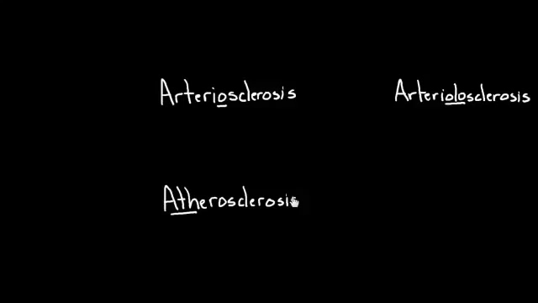So let's start with the first two words, arteriosclerosis and arteriolosclerosis. And these basically get to the question of what is happening. The process of arteriosclerosis and arteriolosclerosis is that you basically have stiffening of blood vessels.